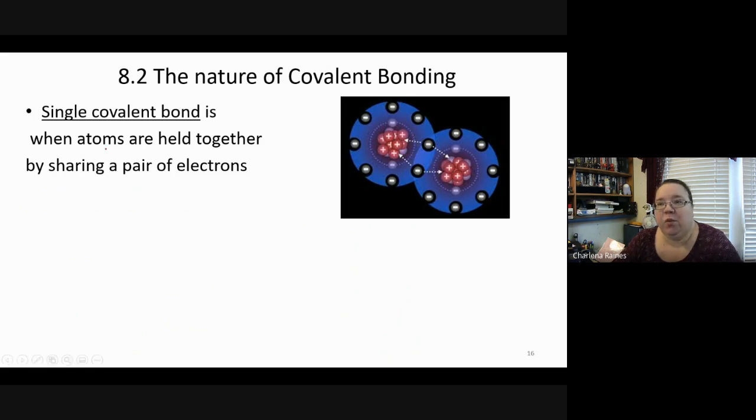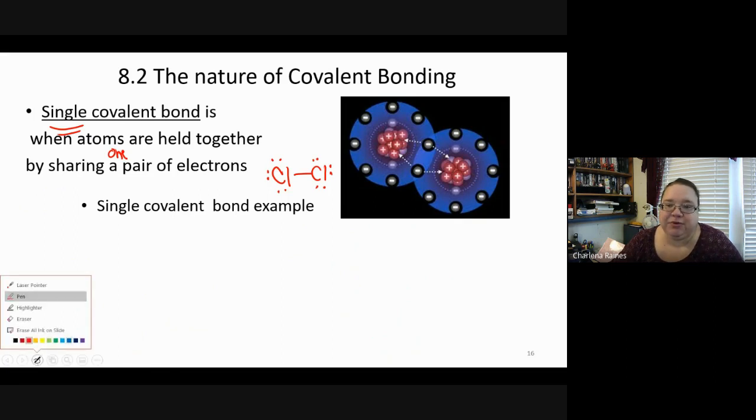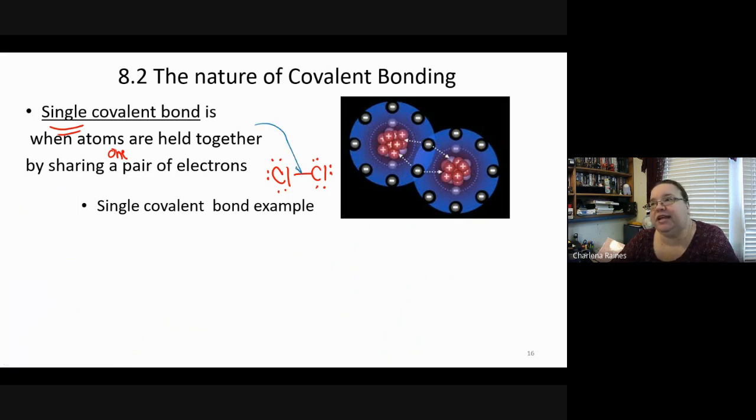My illustration to the right, I believe, is chlorine sharing electrons with itself to form the diatomic chlorine molecule, Cl2. That sharing of electrons we represent typically in our Lewis structures as a line. That is a single bond. The illustration is trying to show it by having the clouds overlap. That is the pair of electrons that is being shared.